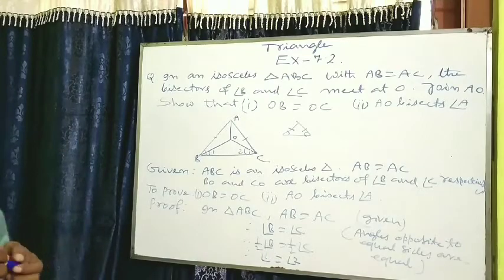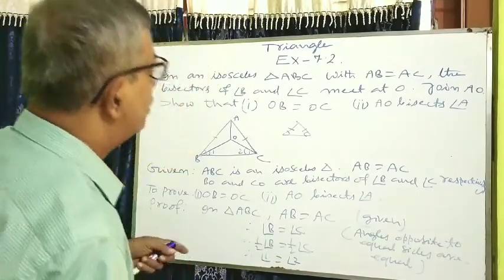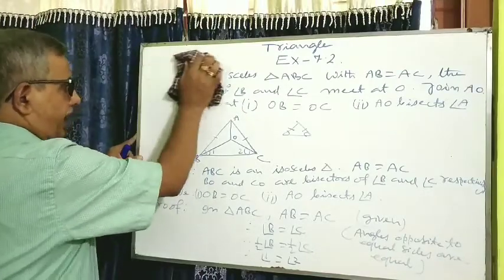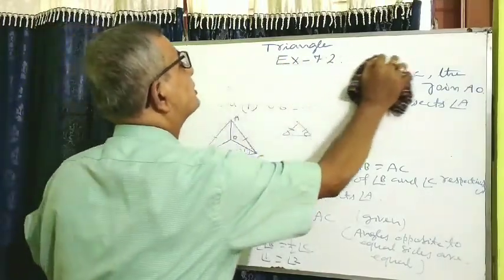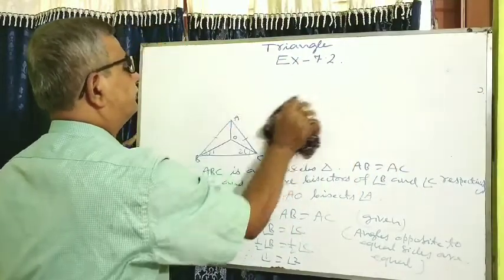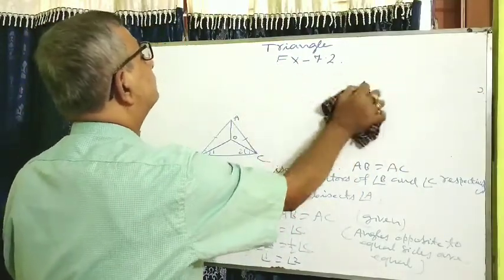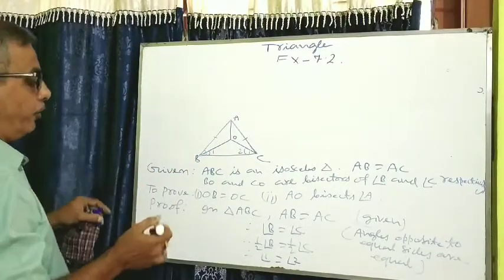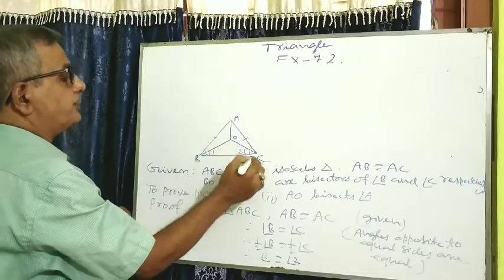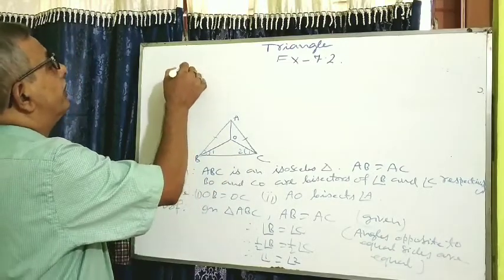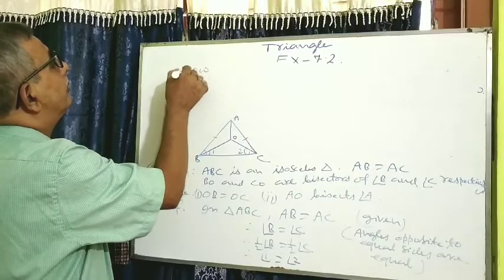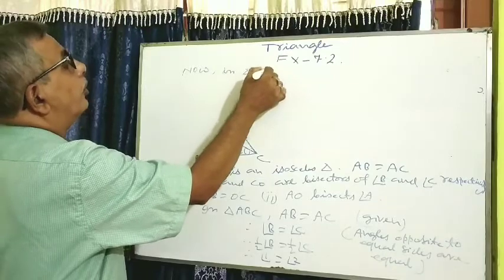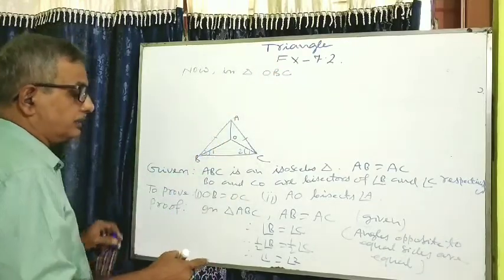My dear students, here we don't have space, so I am going to rub the question and create some space above. Here what happens? Now in triangle OBC you see. Now in triangle OBC, what are the things you got?